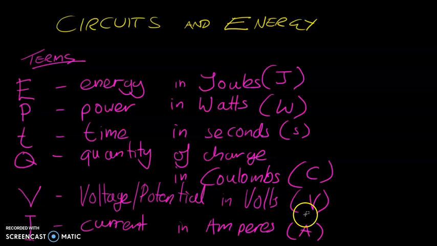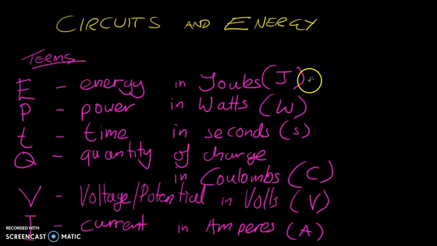You could see a U, or even a capital E, which is confusing because we've got an E up here, but I'm going to stick to V when we're dealing with DC volts, which is what we're going to talk about in this short explanation. Finally, I've got I, which represents current in amperes, and that is our capital A, which is the unit symbol.